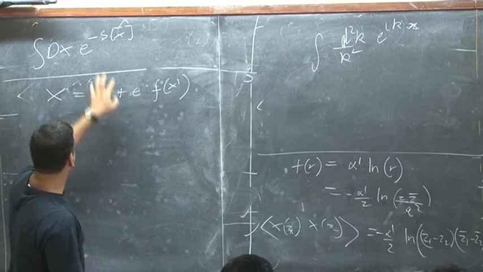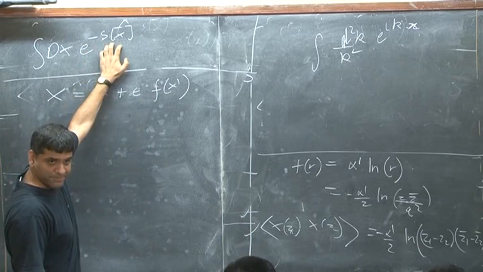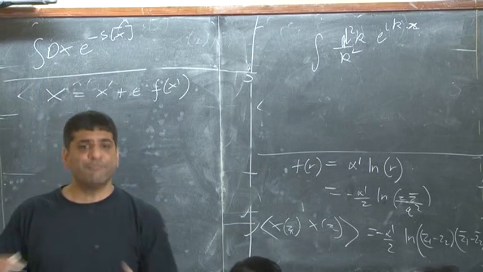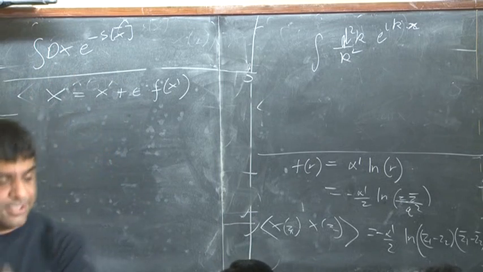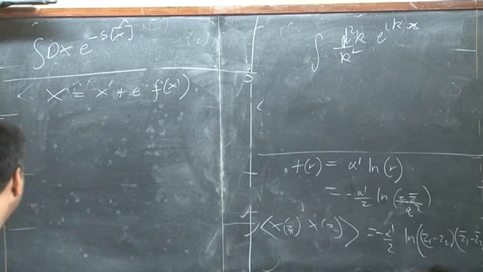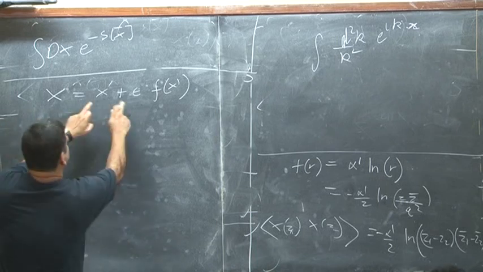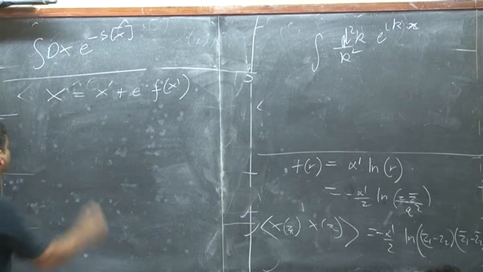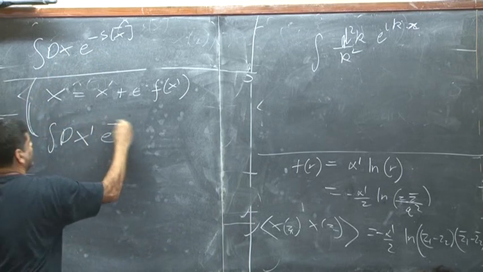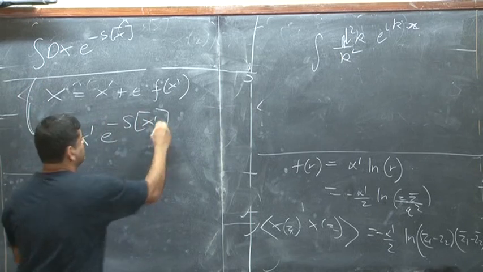So that when you plug this variable change into the action, the product of measure and e to the power minus S remains invariant. Meaning that if you just do the change of variables here, this will turn out to be dx prime e to the power minus S of x.